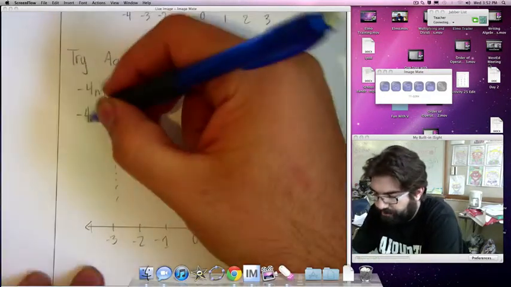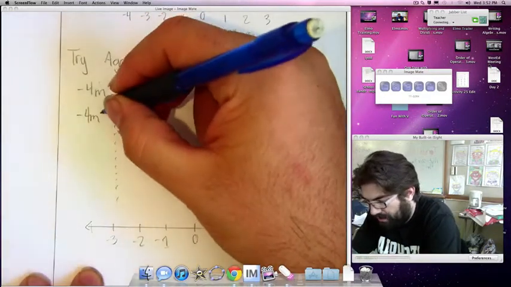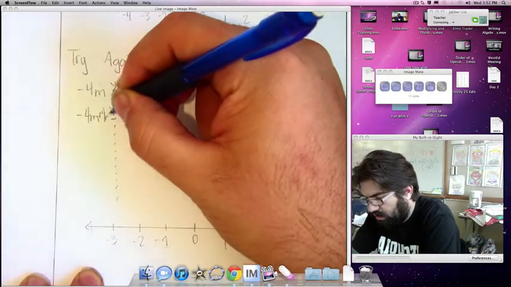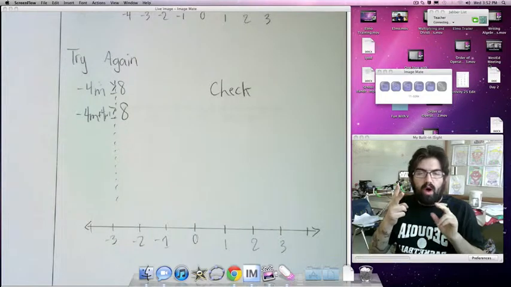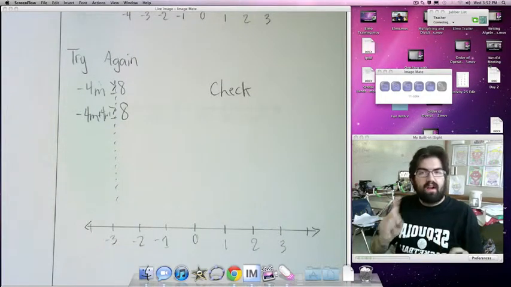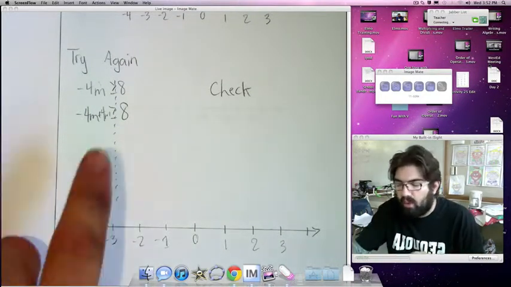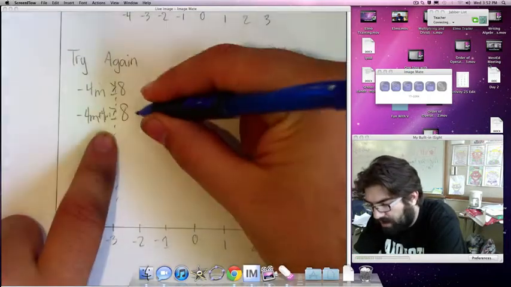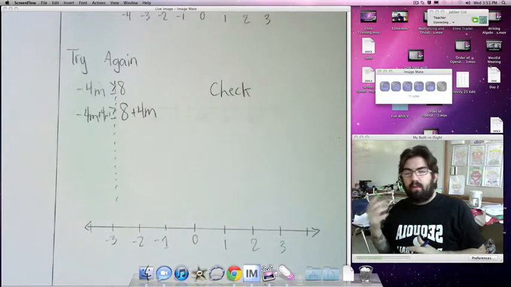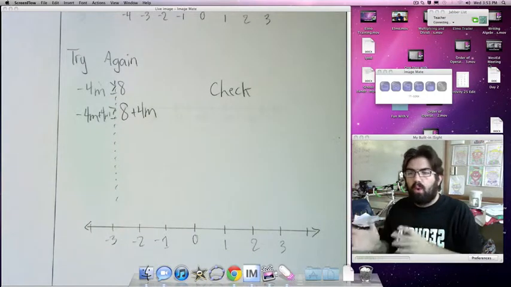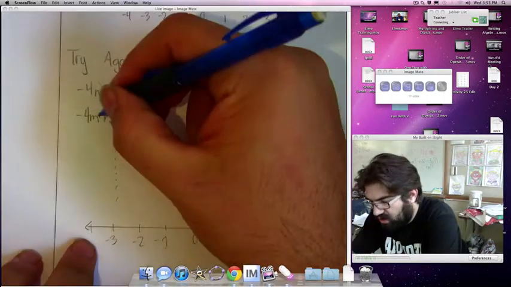So why don't I say, I'm going to add 4m to both sides. From combining like terms and the videos with variables on both sides, I know if I add 4m here, I have to add 4m here. 4m, not 4 and not m, 4m, the whole thing. Well, this is all going to equal 0.